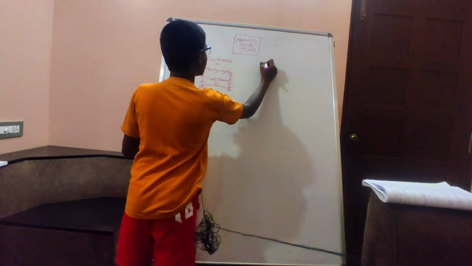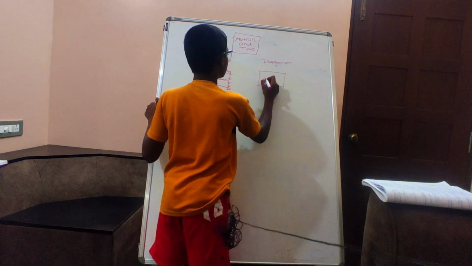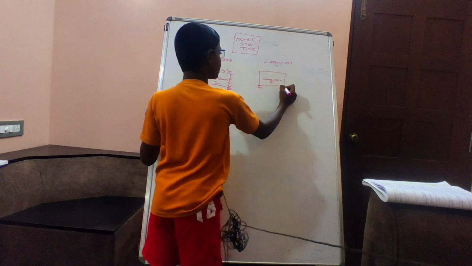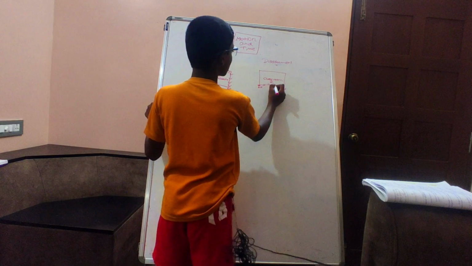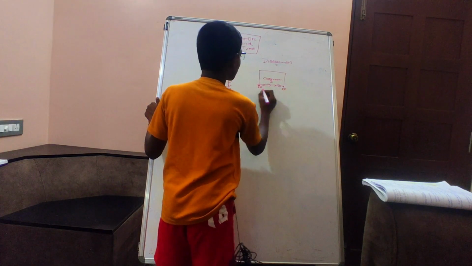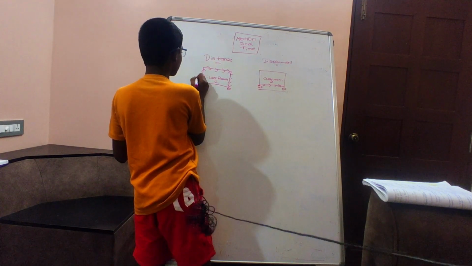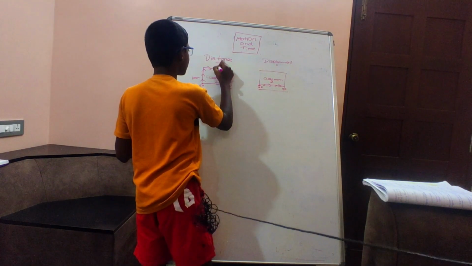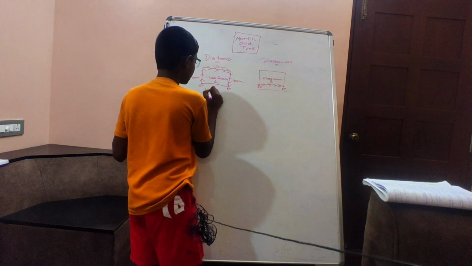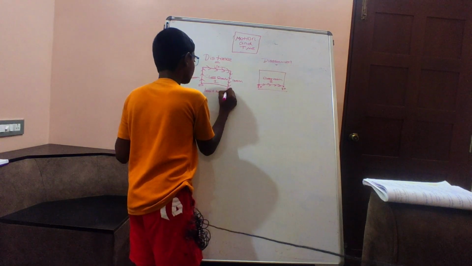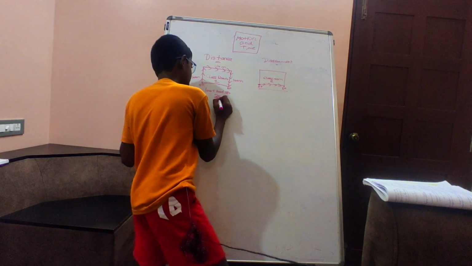But when we look at displacement, let's draw a similar classroom. This is classroom 2. So this is the starting point and this is the ending point. This could be the shortest path between the starting and the ending point. Here in this case, it will be 100 meter here, 150 meter here and 100 meter here. So 100 plus 100 plus 150, in this case it will be 350 meter, the distance.